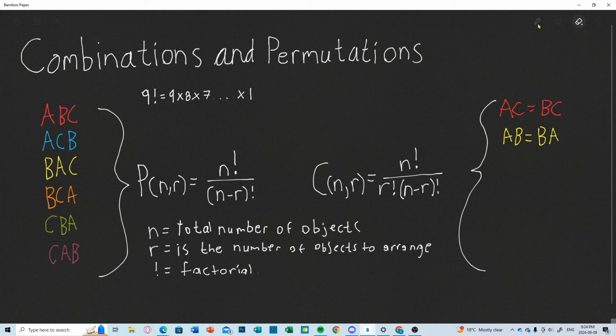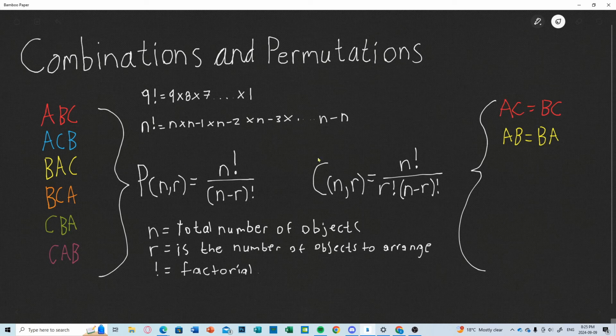So if you want to look at that in just a perspective without a number, n factorial is going to be equal to n multiplied by n minus 1, multiplied by n minus 2, multiplied by n minus 3, all the way to multiplied by n minus however many times you have your factorial going to.